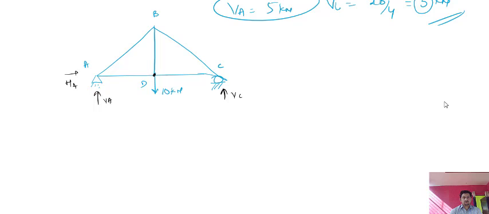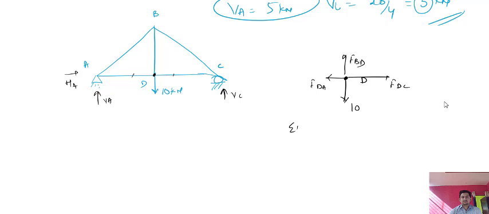If these two members are collinear, we can calculate the force in the third member, but here there is an external force. So if I am picking joint D, one force is acting here, that is 10. One force is acting here, that is FDA. One force is acting, that is FBC, and one force is acting, FBD.